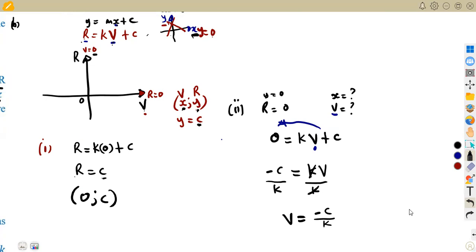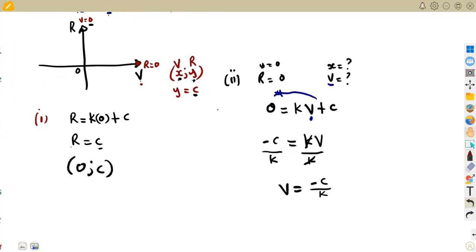So the coordinate that we are going to have in terms of x versus y: x is v, and v in this case is minus c over k. And y in this case is represented by r.